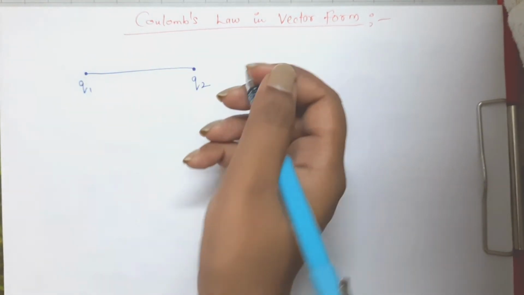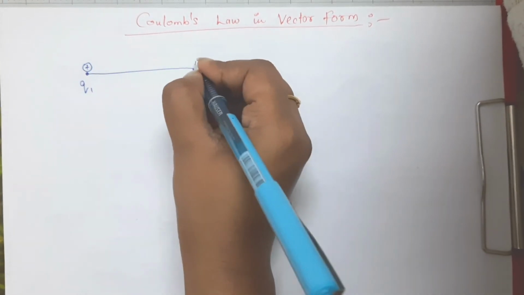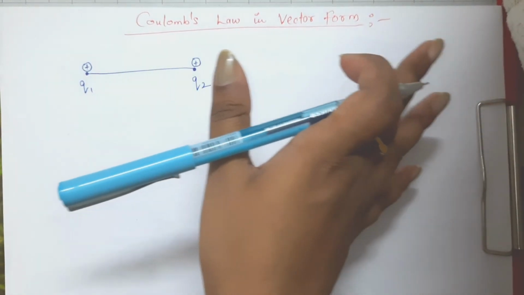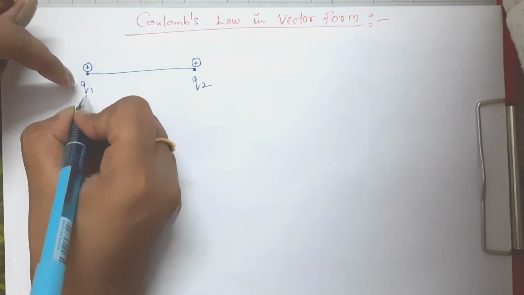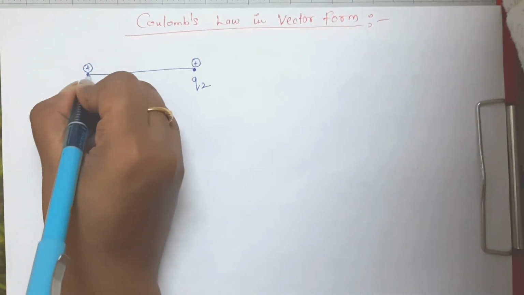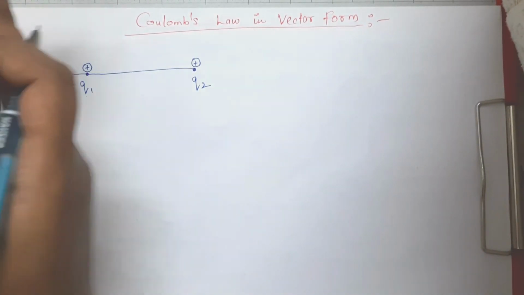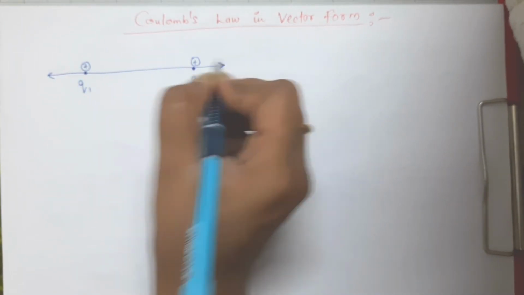Now suppose q1 and q2 are both positive charges, they are going to repel each other. Suppose F1 is the force acting on q1 and F2 is the force acting on q2 in this direction, because they will be repelling each other, moving away from each other, so the forces will be just like this.